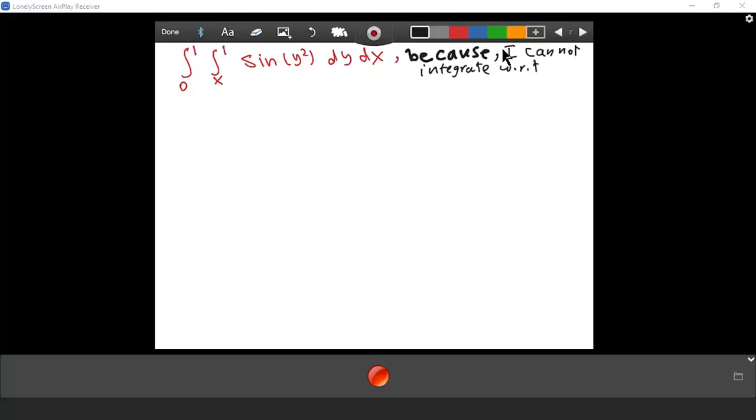So I have to reverse the order of the integration.